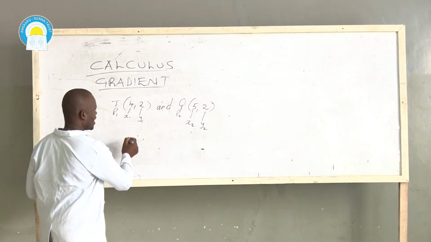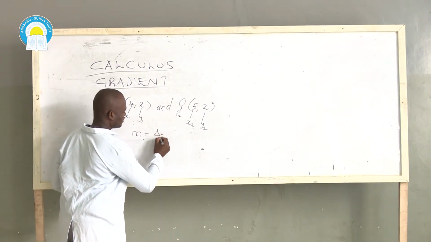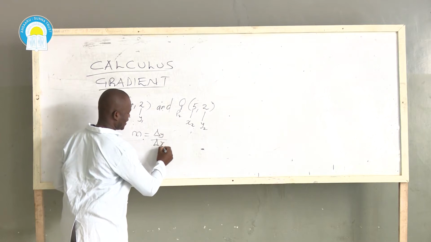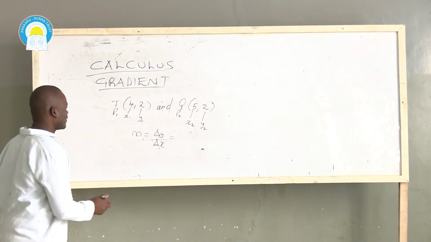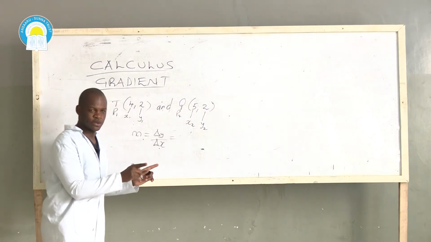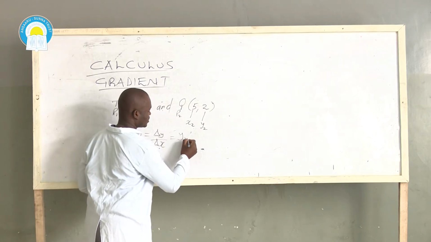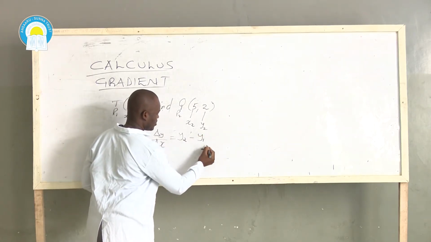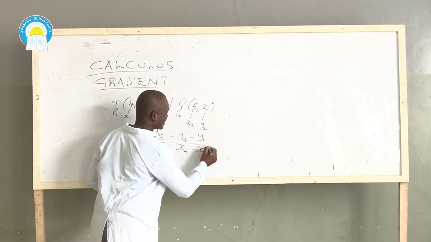Now, how do you get the gradient? First of all, have the formula. It is change in y over change in x. How do you get change in y? We have to have two y values and find their difference. So I will have y2 minus y1 over x2 minus x1.